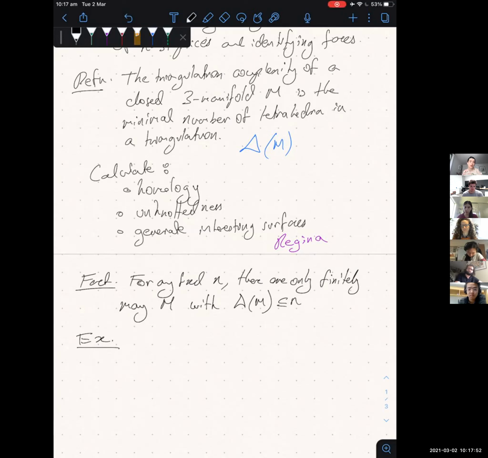With surfaces, the naive thing to do is, if we've got a surface, we know that we can build that by taking a polygon. So we take a polygon with 4G sides for a surface of genus G. And then we can do edge identifications. I'll just draw a couple on. And we can get the surface of genus G out of this.